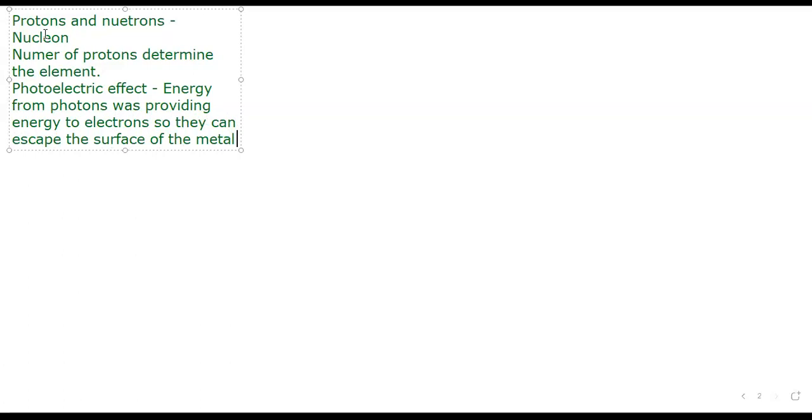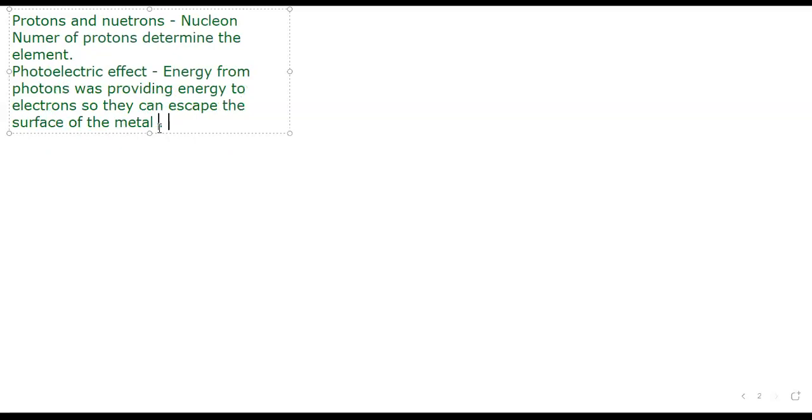Is there another way that I can cause the electrons to be released from the metal? Is light energy the only way? No. The electrons can also be released from the metal by heating it up.